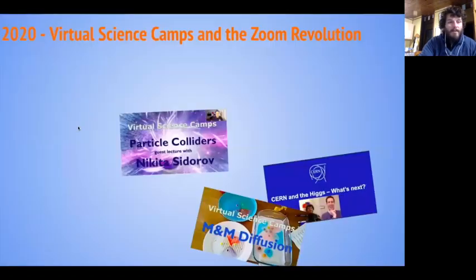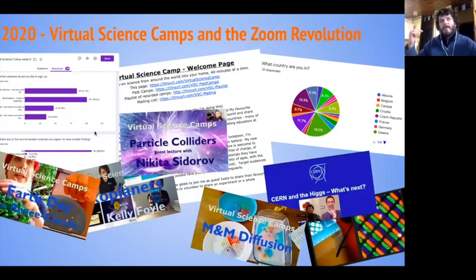So the first one is in 2020. Like almost all of you, maybe there are some exceptions, in France, with the COVID pandemic, schools were closed. We weren't teaching anymore, and I missed doing experiments. So I came up with virtual science camps to encourage kids to do experiments with materials around the house.